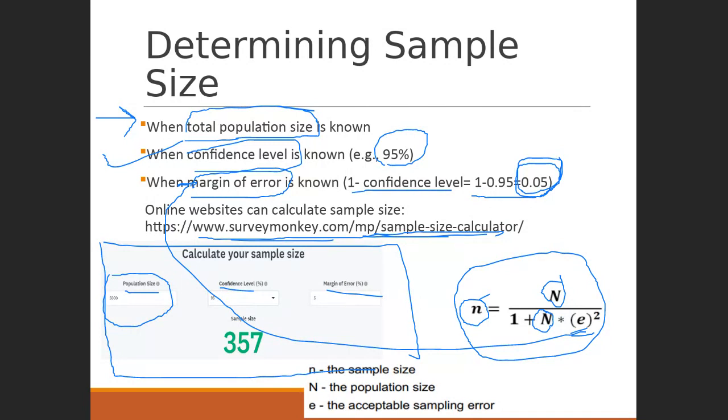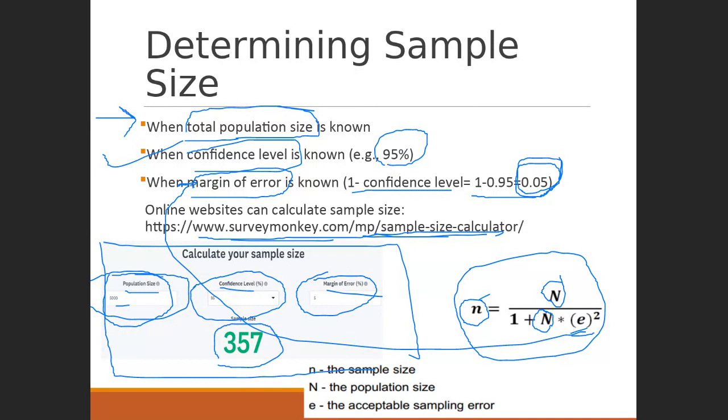So you will put 5,000 in the population size, that is the number of students studying in WKU. You will put 95 in the confidence level, and you will put 5 in your margin of error. When you click OK, this calculates your sample size as 357.